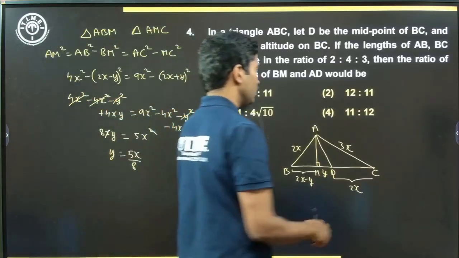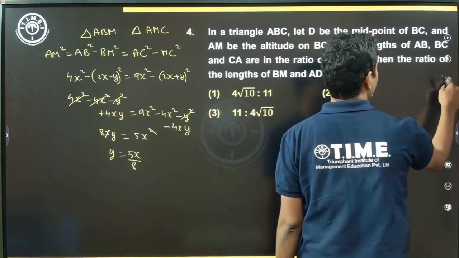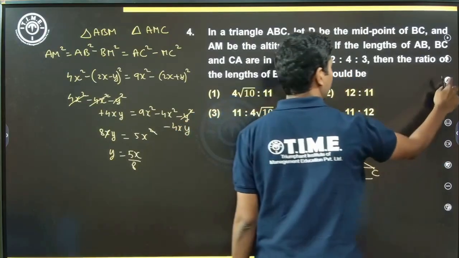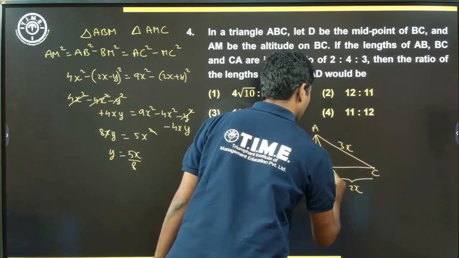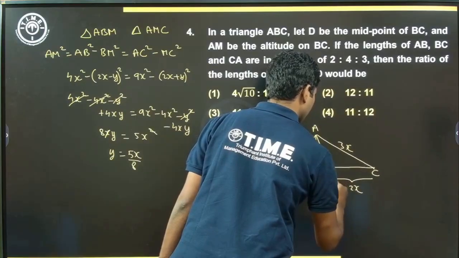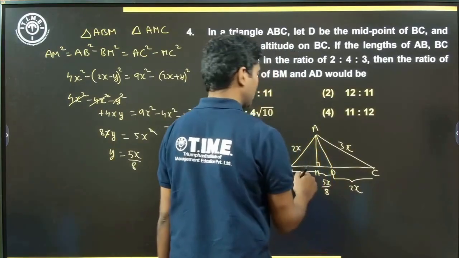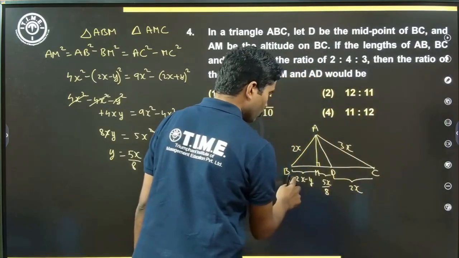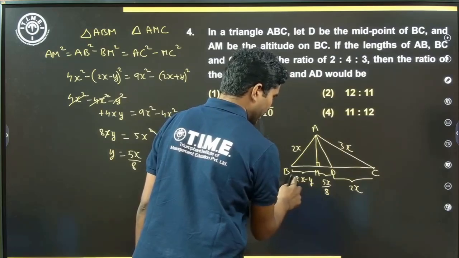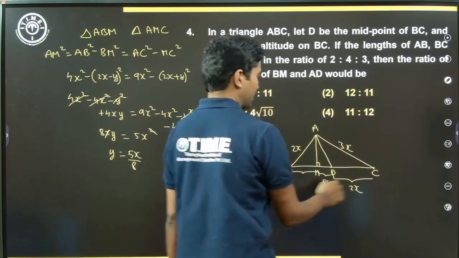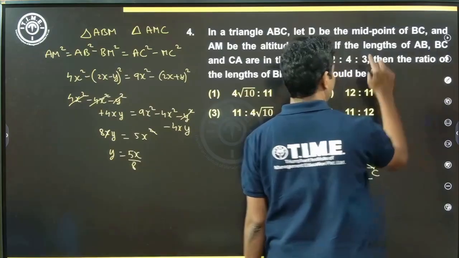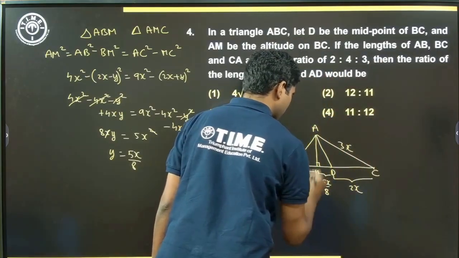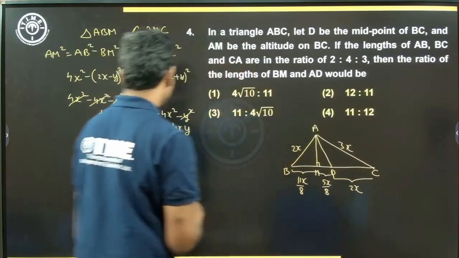So we know the value of y, which is 5x by 8, this part, and we know this part also now. How much is this? 2x minus 5x by 8. How much will that be? 16 minus 5, 11x by 8. So we have these two parts.